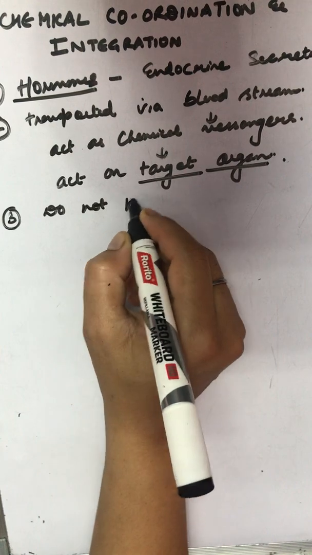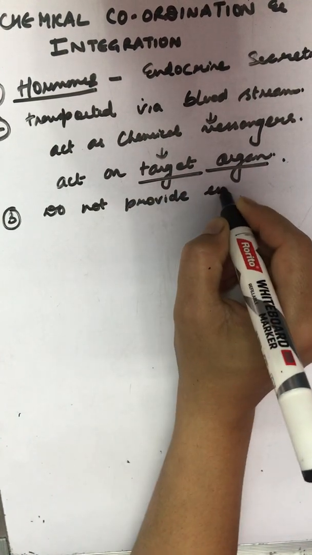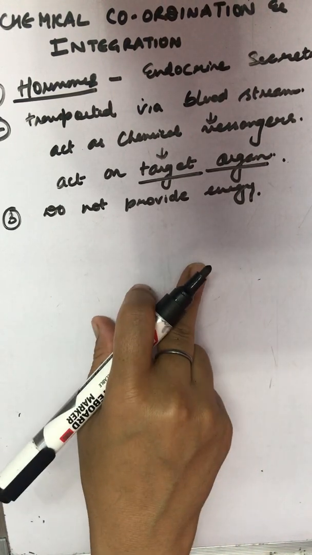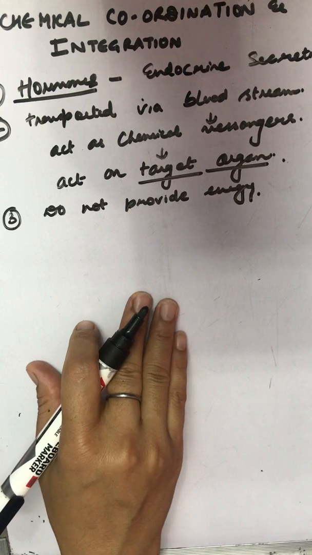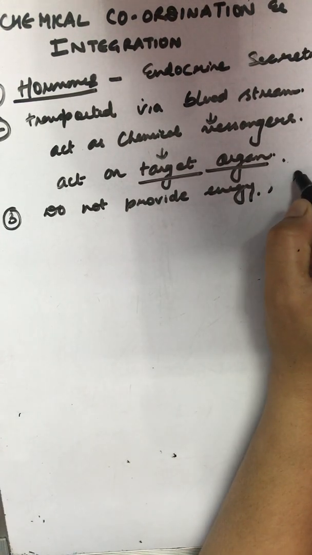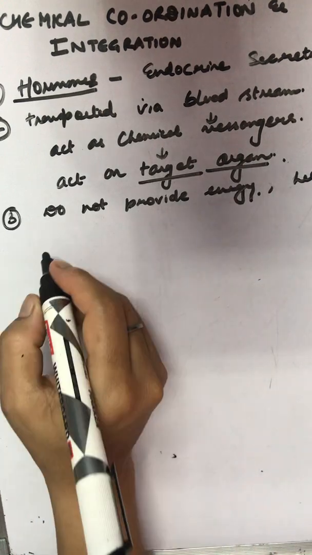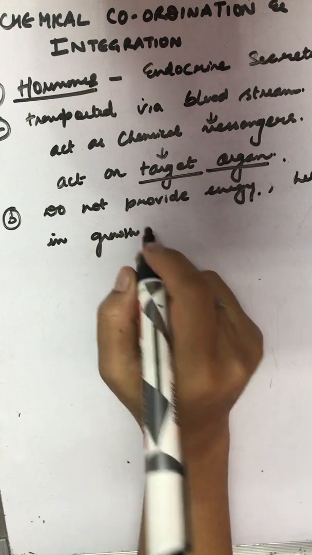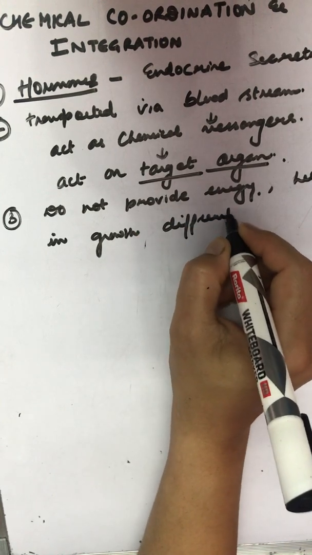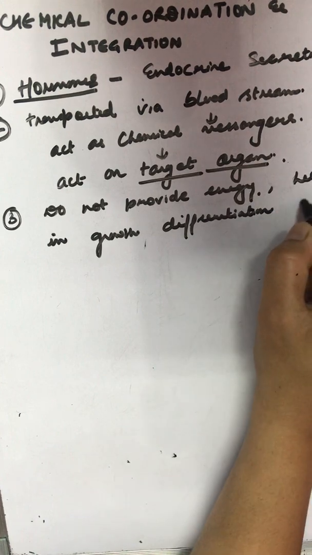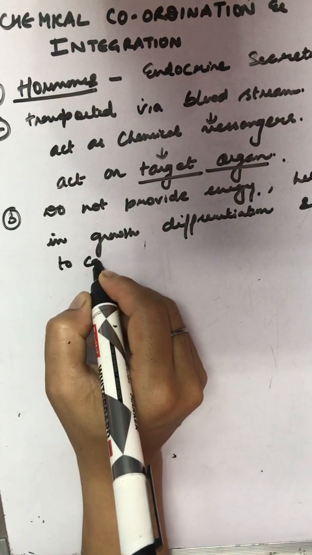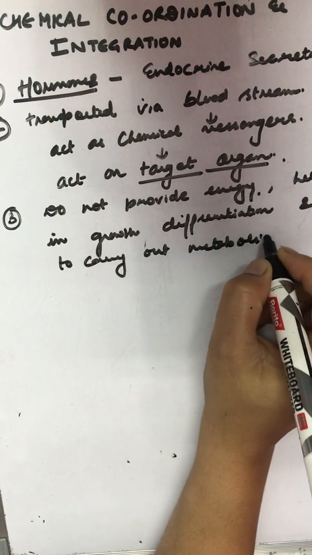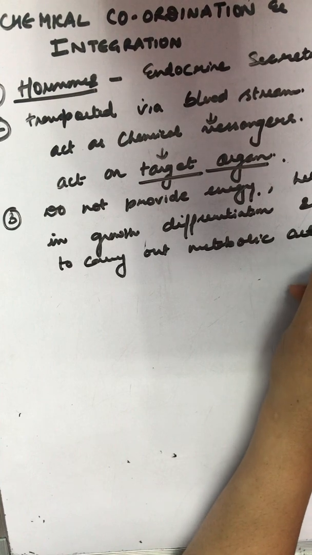Hormones do not provide energy. It's not an energy source. It's not a nutrient source. Do not provide energy or any building material. But yes, they are helpful in growth, differentiation, and to carry out metabolic activities.